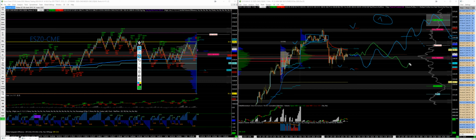Take out the value area low at 33. And then test the previous day low at 21, 22.